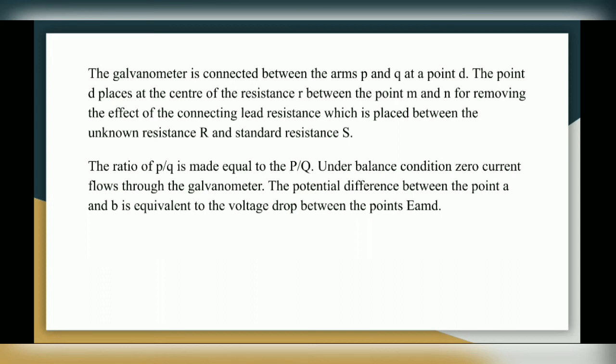The ratio of small p and small q is made equal to the capital P and capital Q. Under balance condition, zero current flows through the galvanometer. The potential difference between the points A and B is equivalent to the voltage drop between the points EAMD.